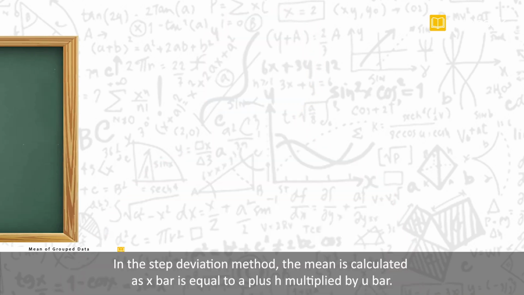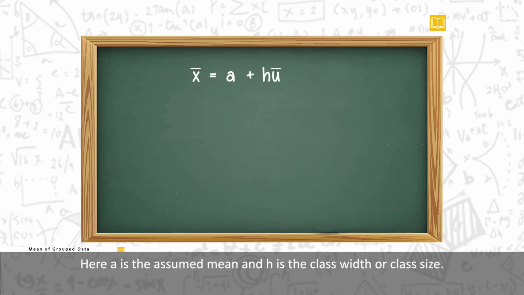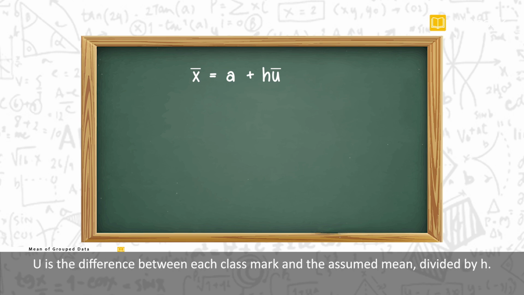In the step deviation method, the mean is calculated as x bar is equal to a plus h multiplied by u bar. Here a is the assumed mean and h is the class width or class size. ui is the difference between each class mark and the assumed mean divided by h.